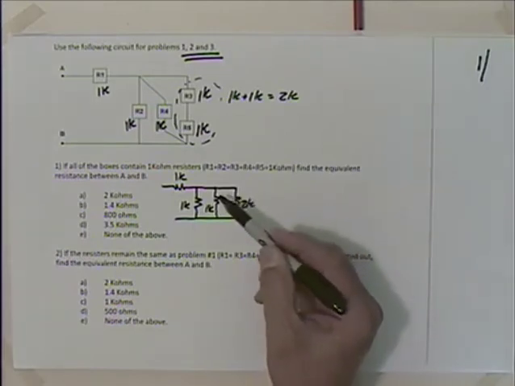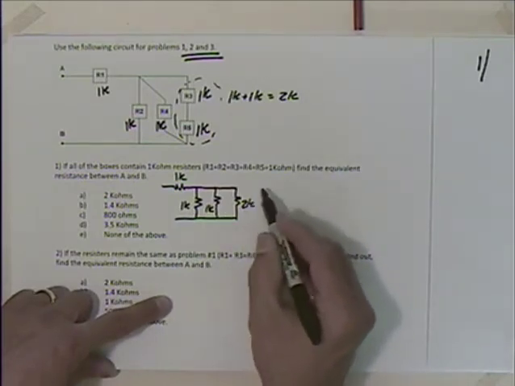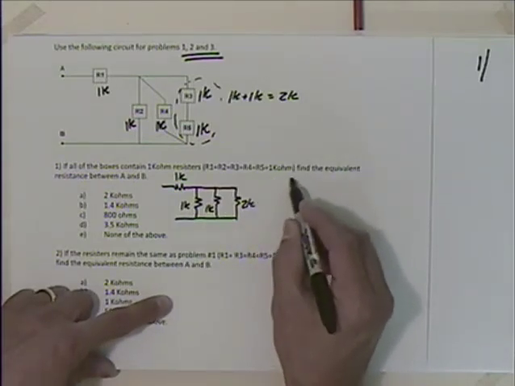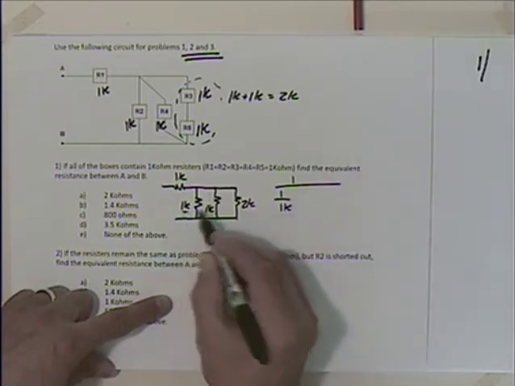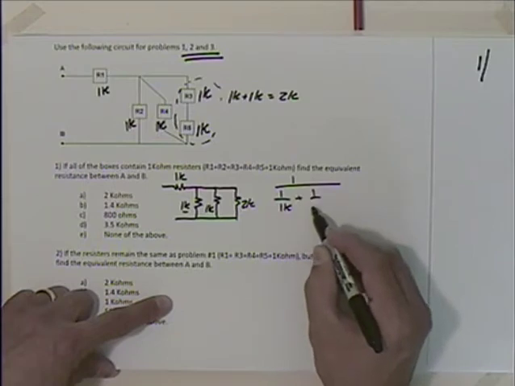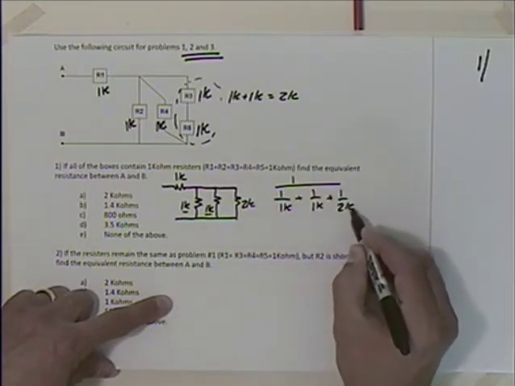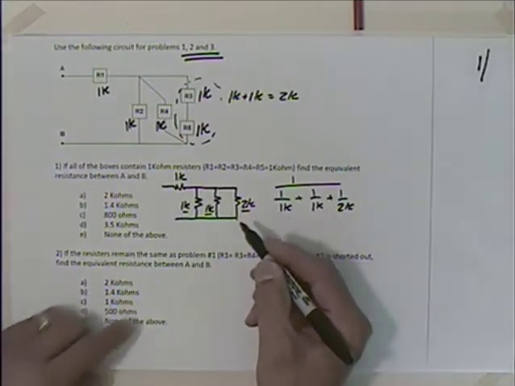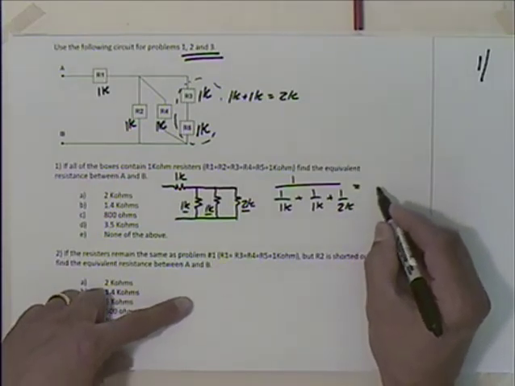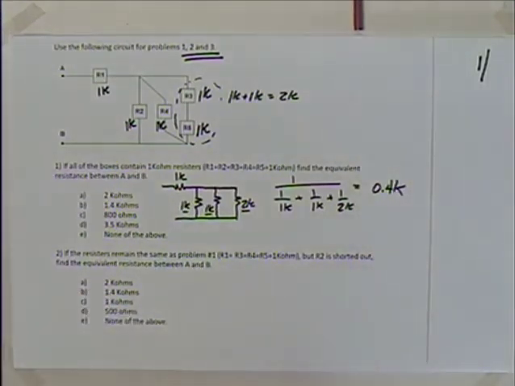Now, you could take these two by two if you wanted to and use product over sum, but since we have three of them, we might just as well say that the equivalent resistance of this parallel combination is 1 divided by 1 over 1K, that's this one, plus 1 over 1K, that's that one, plus 1 over 2K, which is that one. When you go through that, you get 0.4K. Let me double check the math here.